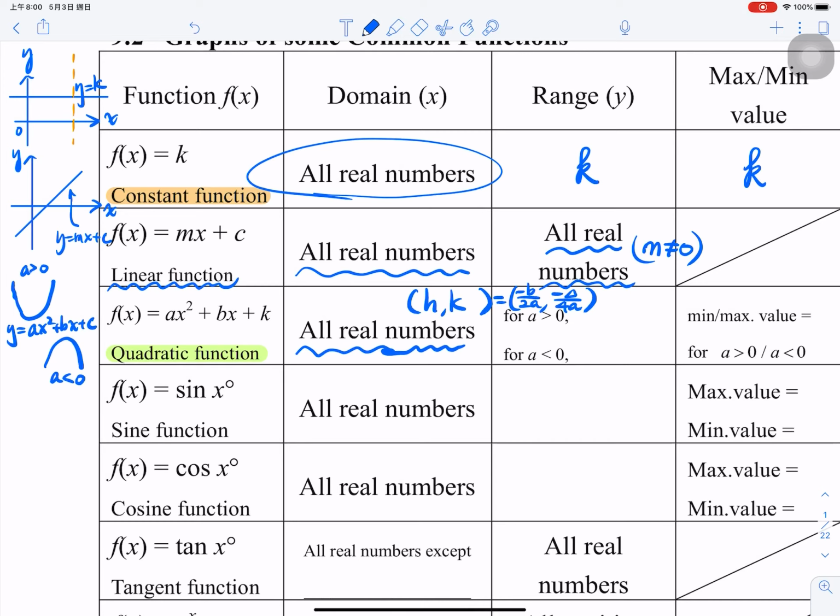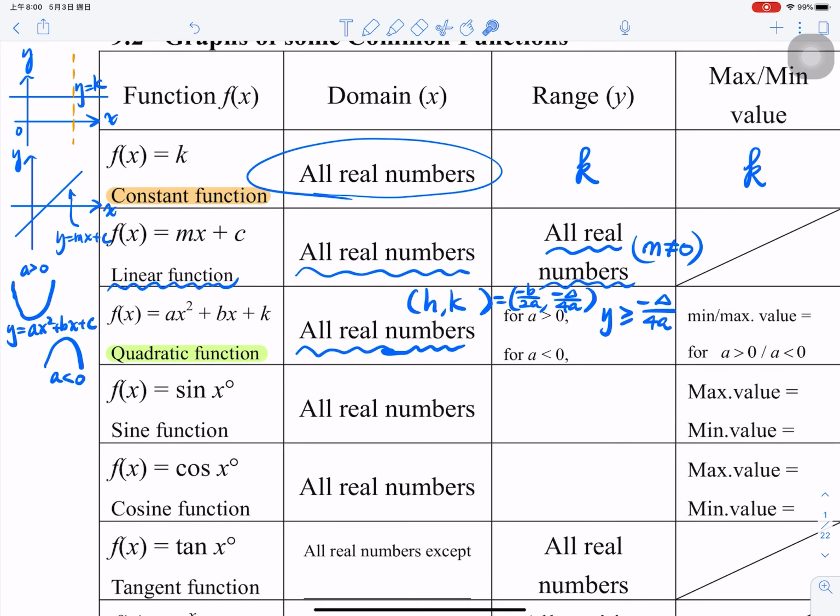So for a greater than 0, y is greater than or equal to negative delta over 4a, because this one is the minimum.